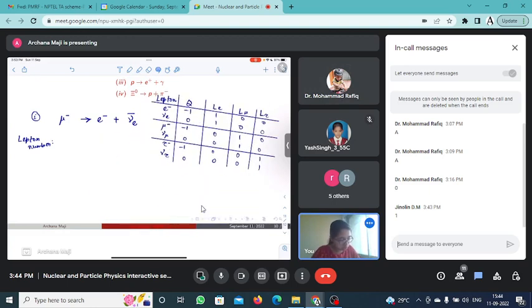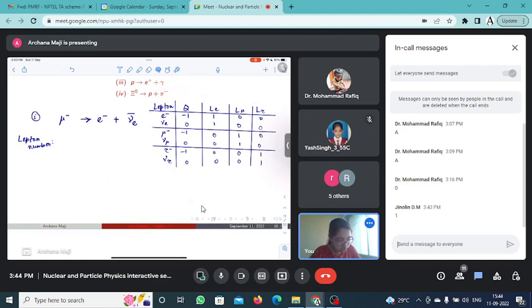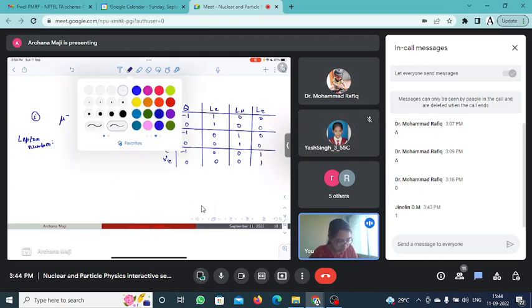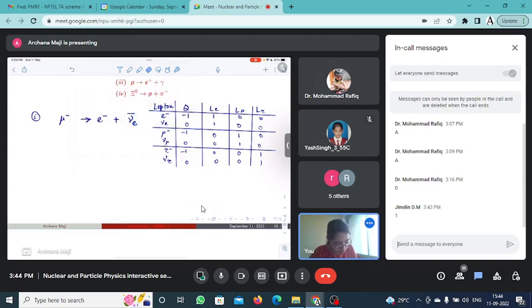On the left hand side we have this muonic lepton, the right side we have electron. So let us first check electron lepton number. On the left hand side it's 0 because it's mu. On the right hand side it's 1, and for this it is -1. So total lepton number on the right hand side is 0. So electron lepton number is conserved.